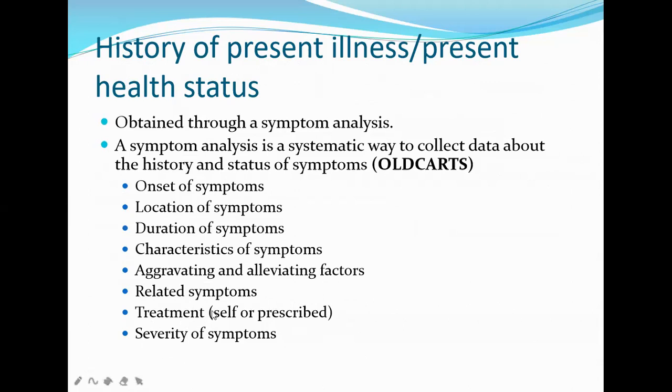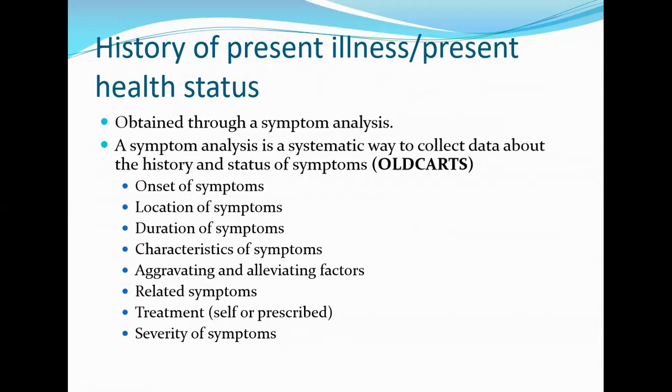Then the last part in the ODCATS in symptom analysis is the severity of the symptom. How severe is the symptom? So you want to ask the patient, how serious is this problem? This is where, when you're conducting an assessment, you use various tools. For example, if you are assessing pain, you want to ask this patient, so how severe is this pain?